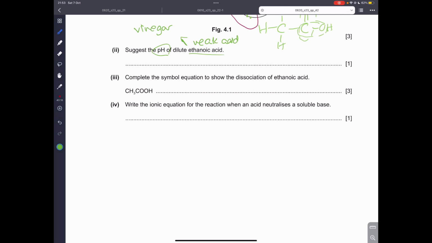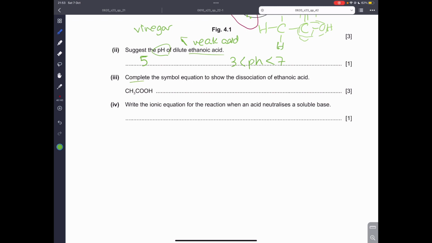This could be a pH of 5, per se. The pH could be anything less than 7, but it has to be more than 3. So the pH could be anywhere between the range of 3 and 7.